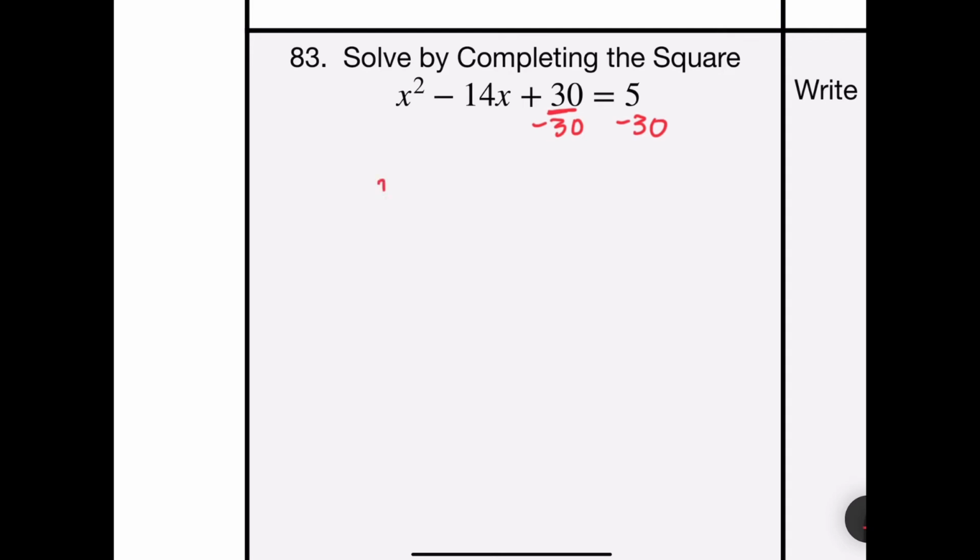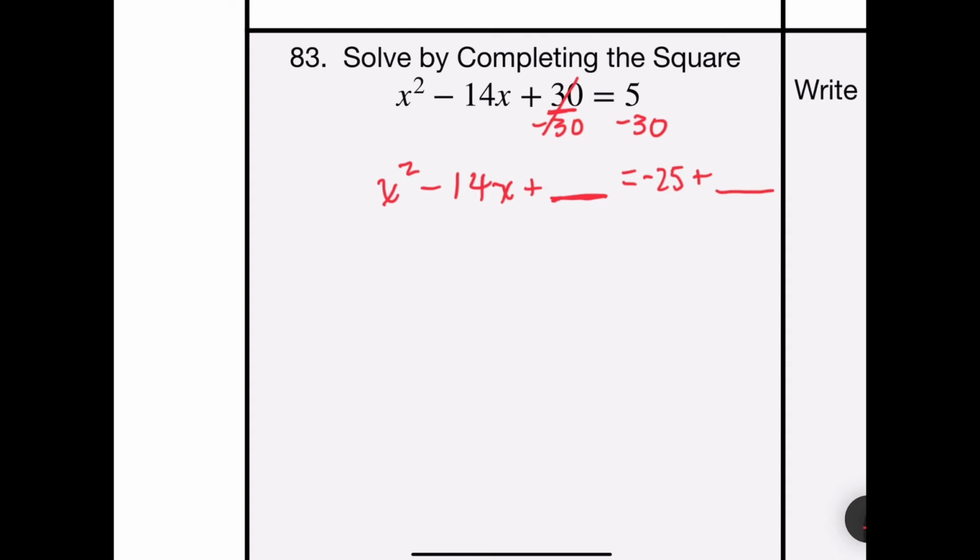So I would have x squared minus 14x, 30 minus 30 is 0, plus I'm going to leave a blank because that's going to be the number that I want to put in to make a perfect trinomial square, equals 5 minus 30 is negative 25, and whatever I add to the left side, I also have to add to the right side.